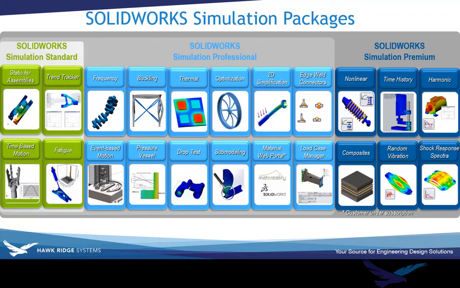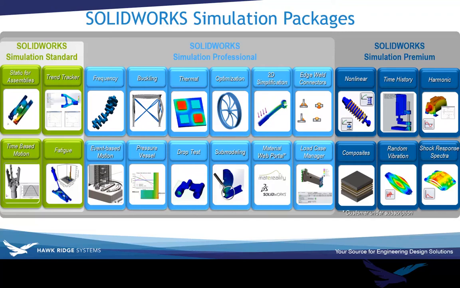So this is a great opportunity here to kind of see where we can take this to the next level. Where I like to start off with that is, again, talking about the simulation packages that we offer. So in a linear static study, there's a couple ways that you can get that. One is if you have SOLIDWORKS Premium, which is the highest level CAD package, you can get your linear static study on parts and assemblies.